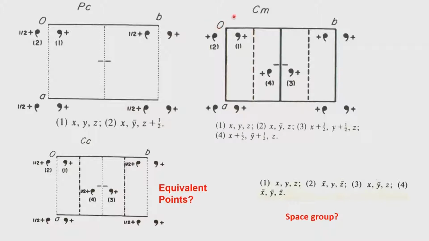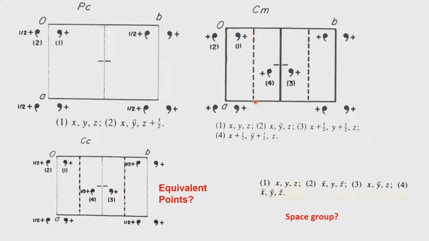So, if there is a mirror associated with 0, you will have a mirror at half, you will have a mirror at full length. Now, where is the glide located? The C centering is located at this point, half plus x, half plus y, z. As a consequence, if you now examine the equivalent points 1 and 4, you find a relationship between them. The relationship tells you that there is a glide plane which is present at the 1/4 position.